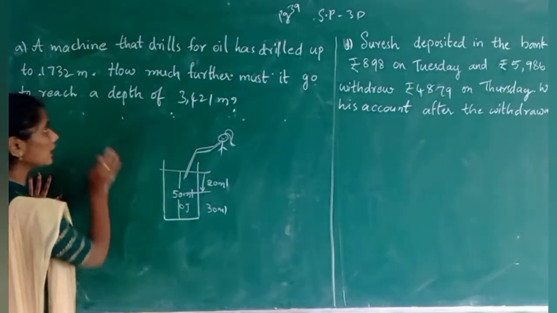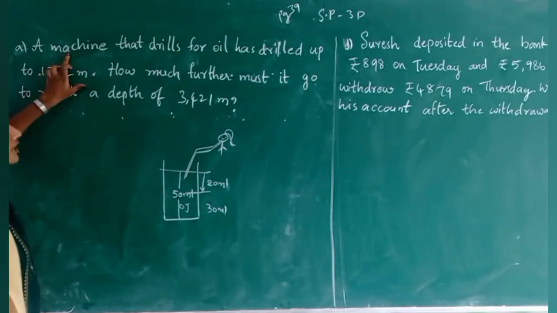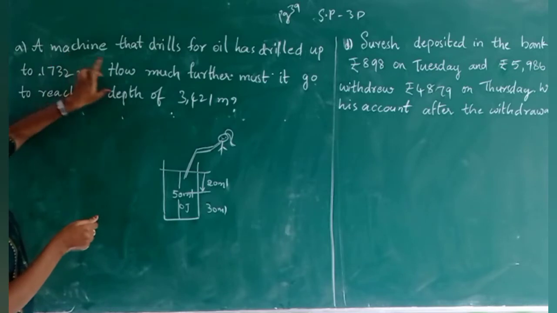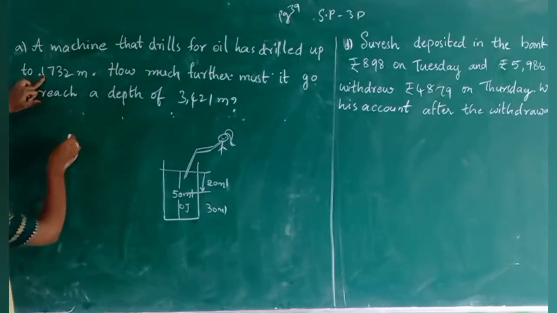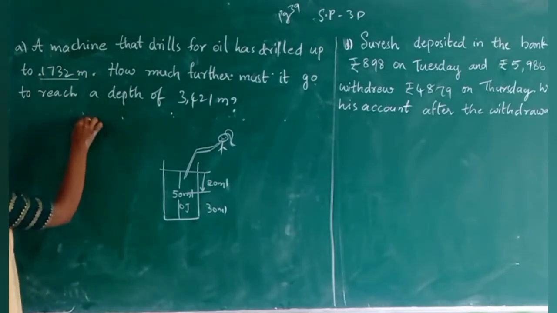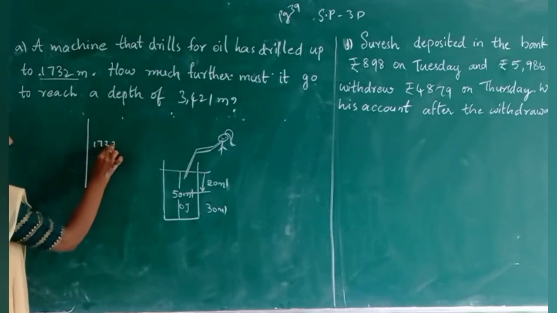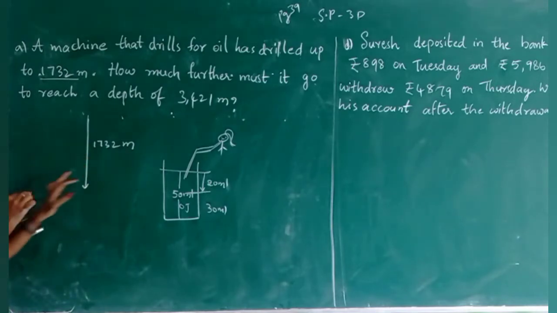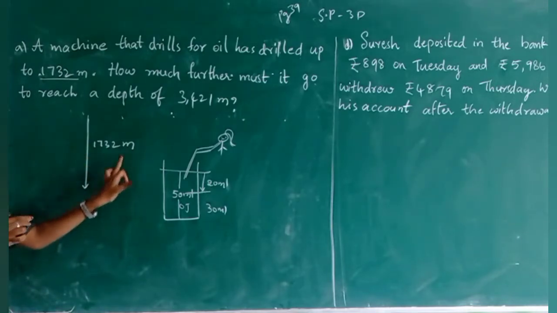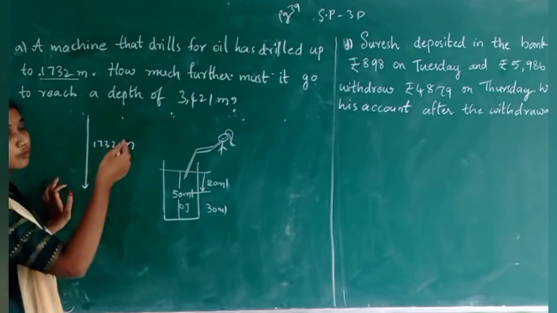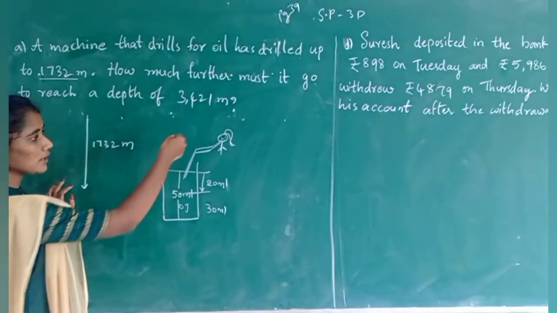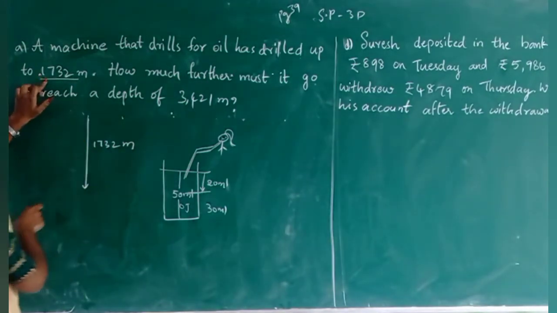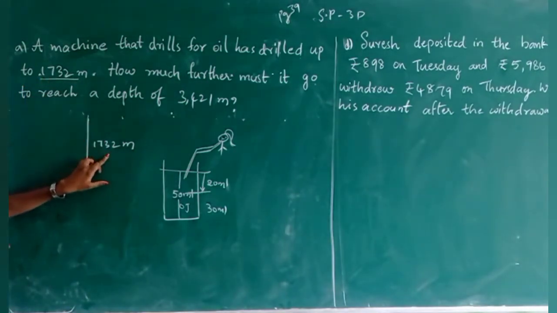In the same way, in our question, there is a drilling machine, used to make holes or to drill. It drilled 1732 meters. For walls, for nailing, we use this drilling machine. So it drilled to a depth of 1732 meters.